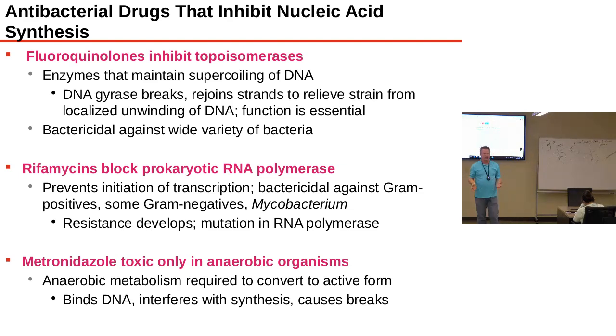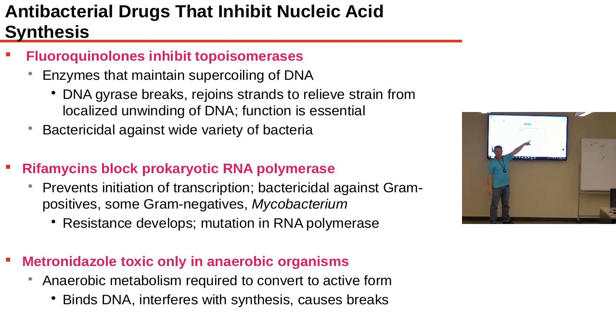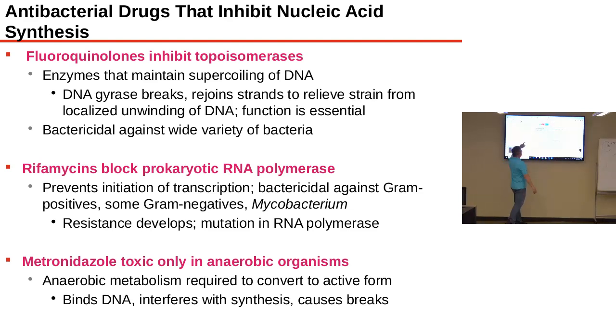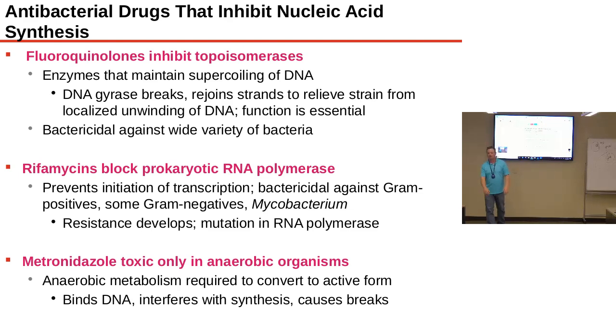So if I can block that enzyme from doing its job, quite a few of the bacteria going through a cell cycle are going to have their DNA damaged and they'll die. Fluoroquinolones are great for blocking topoisomerase, so the bacteria can't multiply correctly.